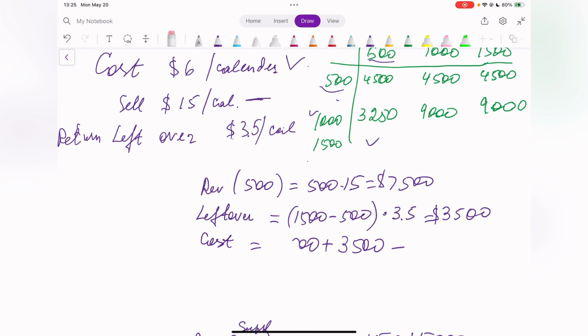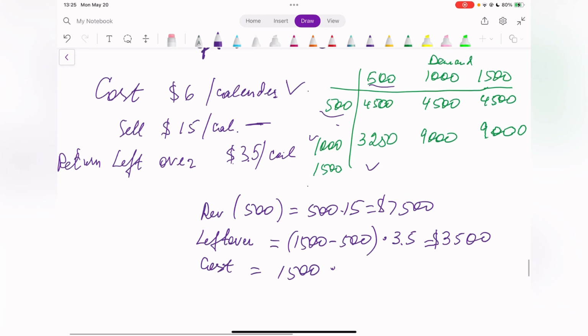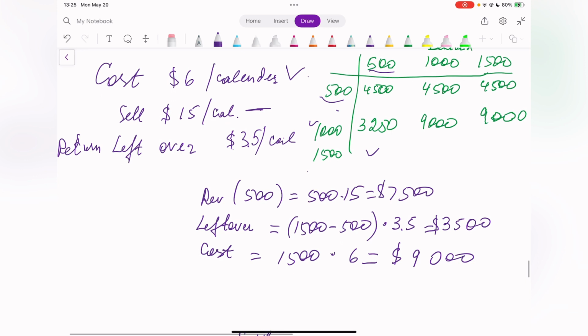It's confusing. Okay, cost is gonna be 1,500 times $6. So 6 times 5 is 30, 3 in mind, 90, and 2 zeros, 9,000. Looks like it's gonna be still profit, we'll see.